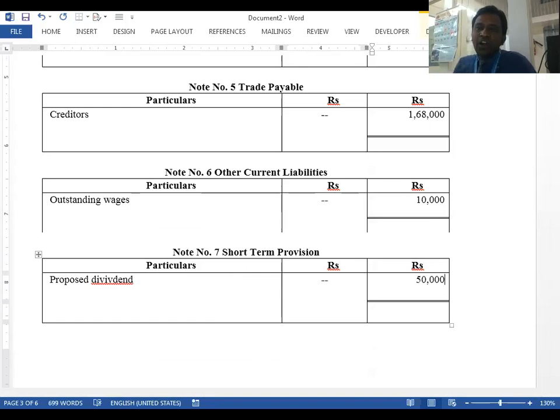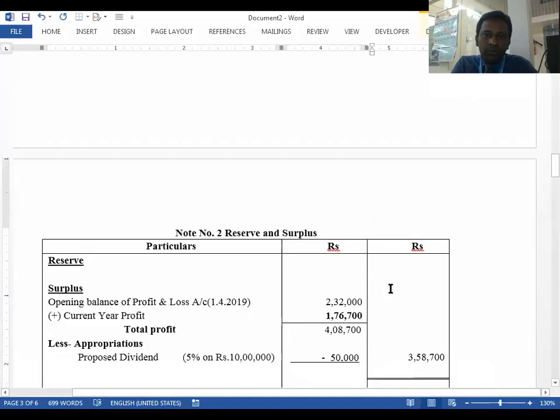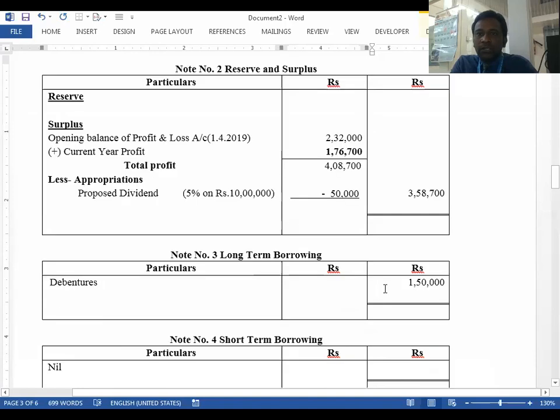Now just close all notes related to liability side and asset side and transfer to the format of the balance sheet. Automatically your problem should be solved.